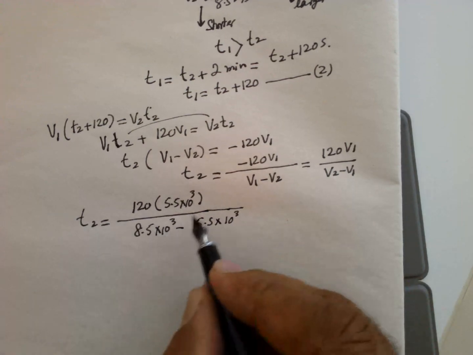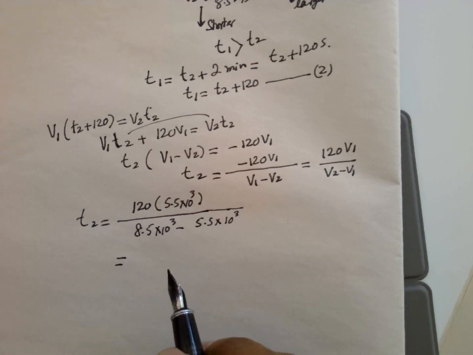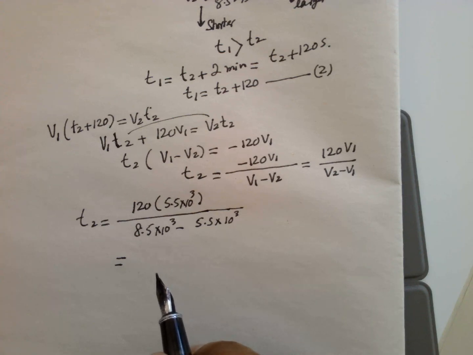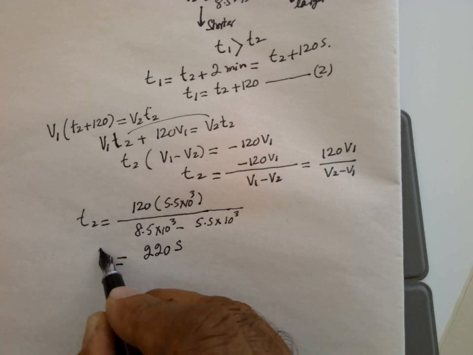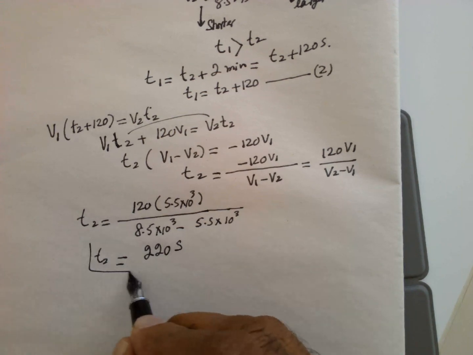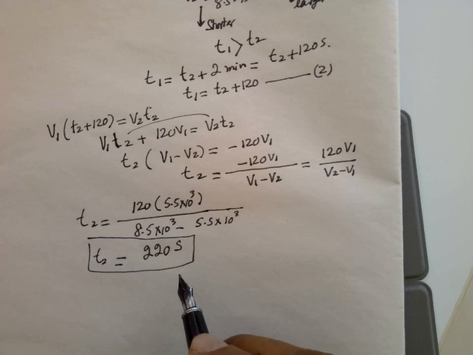If you solve this, we will get the value of time, which is 220 seconds. T2 is 220 seconds, the time taken by the P wave.